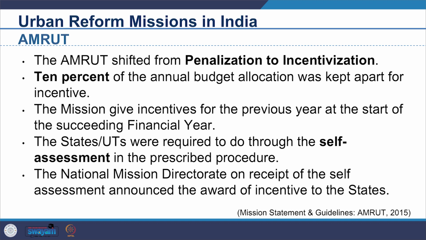The mission gave incentives for the previous year at the start of the succeeding financial year. The states or union territories were required to do this through the self-assessment in the prescribed procedure. The National Mission Directorate, on receipt of the self-assessment, announced the award of incentives to the states.